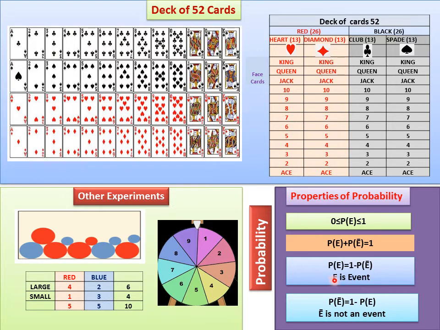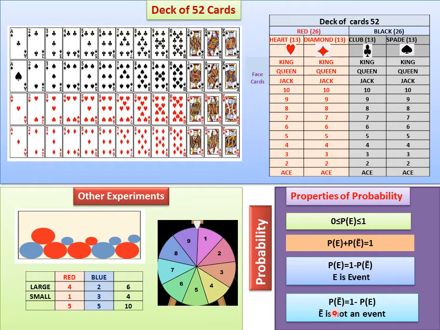If we know the probability of either E or E bar, then we can find the other one. If we are given the probability of non-occurrence of an event, that is P(E bar), then I can definitely calculate the probability of the event. For example, in tossing a coin, if I am given the probability of a head, then I can calculate the probability of getting a tail.